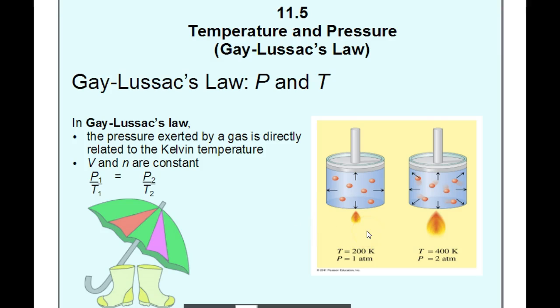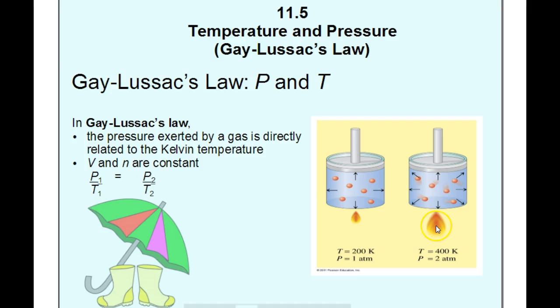So let's go back and take a look at our containers. Here in our container with our piston, we have a temperature at 200 Kelvin, and the pressure is at 1 atmosphere. We can see that we've got the molecules bouncing around in this picture.